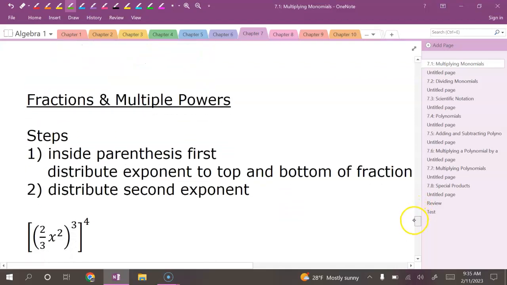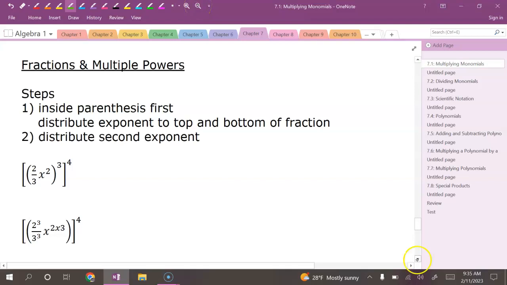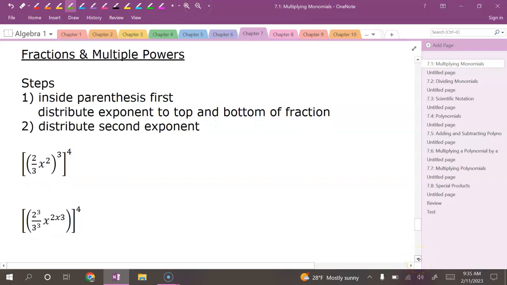Now, there's going to be times where they give us a really complicated problem, or at least it might look like it's really complicated, but we can use these properties that we've been talking about to help us simplify these bigger, more complicated looking problems.